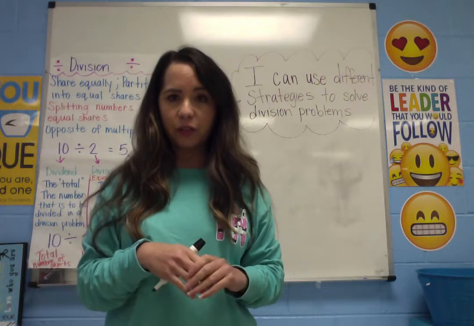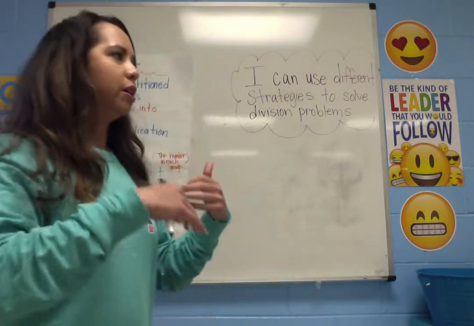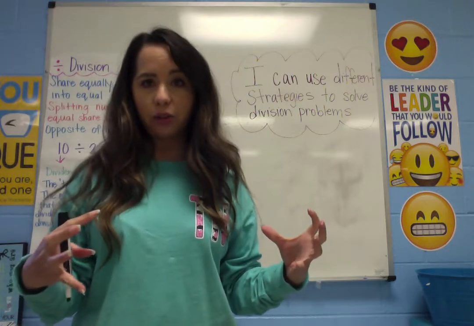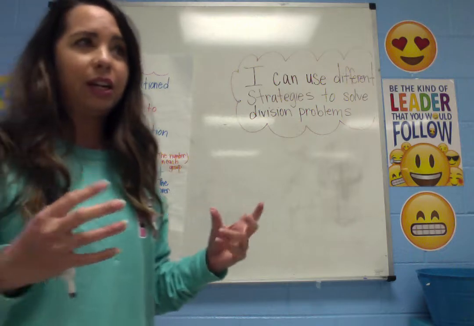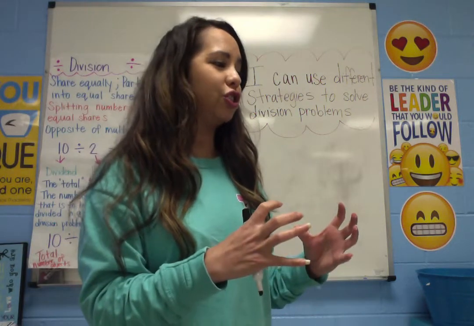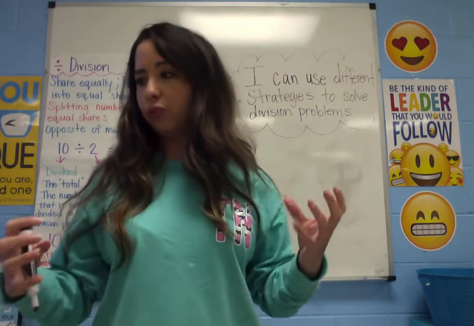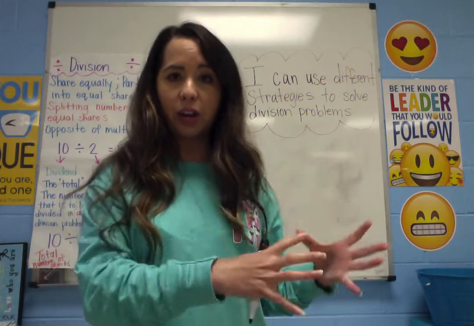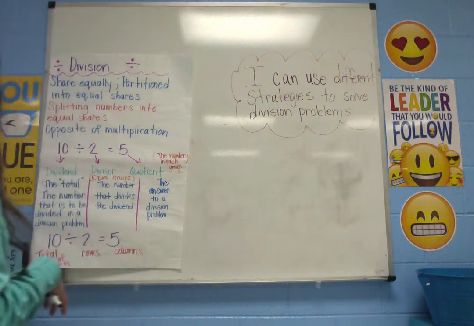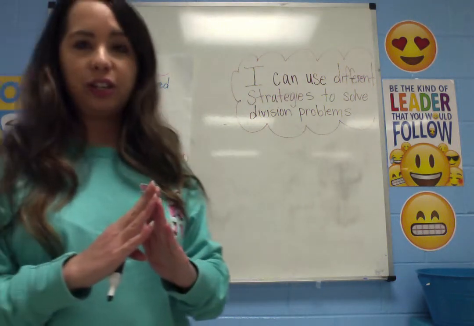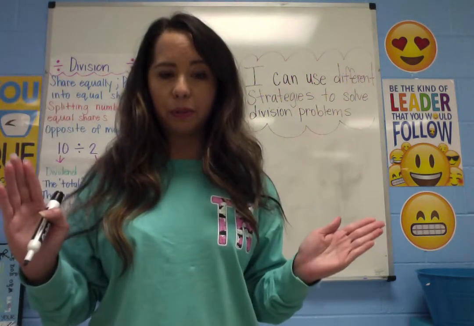Some other words for division, for dividing, we know you can partition into equal groups, you can share equally, you can arrange cupcakes into rows and columns, arrange cupcakes and put them equally onto plates. And we definitely know that division is opposite of multiplication.